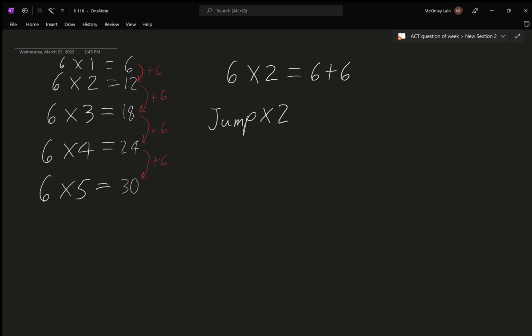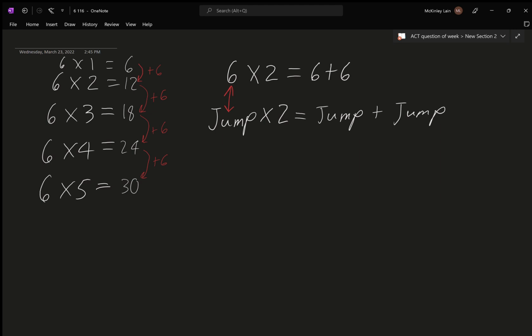Jump twice. So here I'm saying jump 2 times. Well, in that case, we're going to jump and we're going to jump, right? We're going to jump 2 times. Do you see how these are very, very similar, right? So here, we're replacing the 6 with jump.